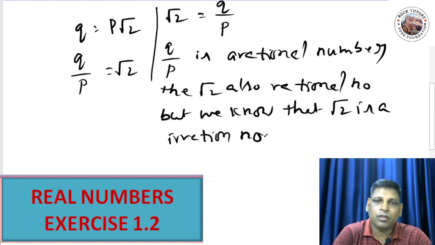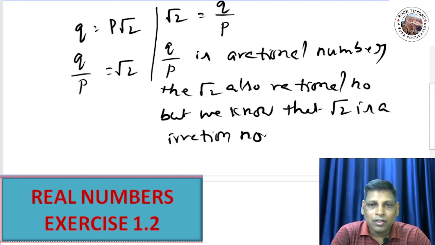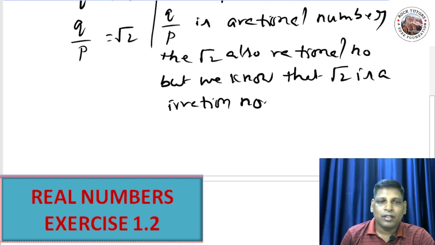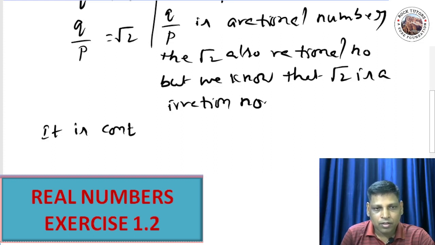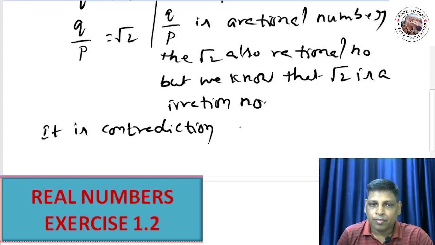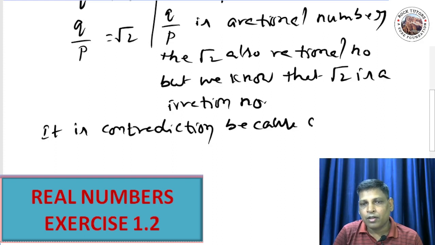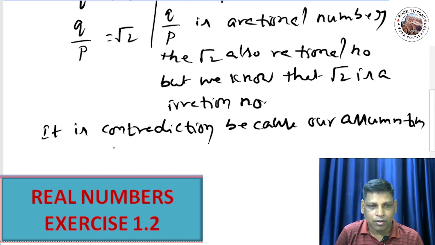So it is a contradiction. Why? Because our assumption is wrong.